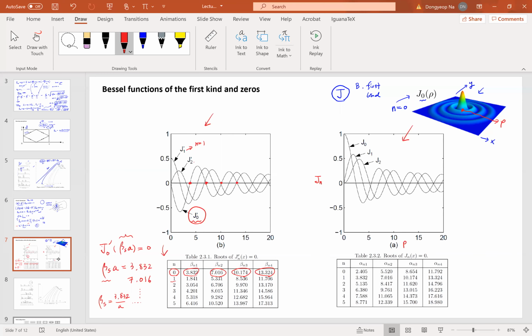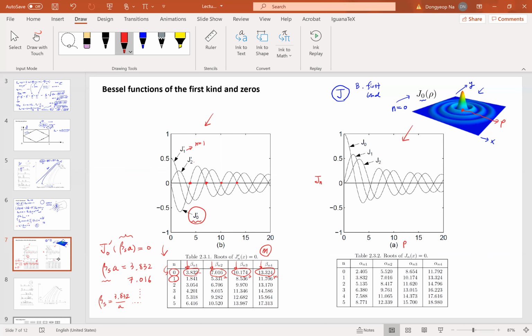In the same way, we can find the eigenvalue when n is equal to 1 for this TE mode. And the order of the zero crossing is indexed in this case m, meaning that when n is equal to 0, this is the first zero crossing, and this is the second zero crossing, and third and fourth.